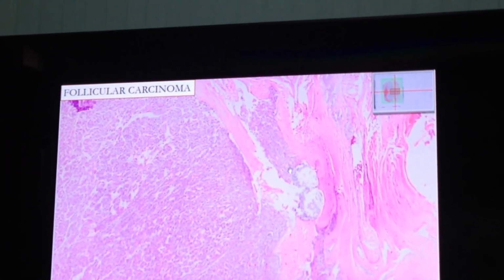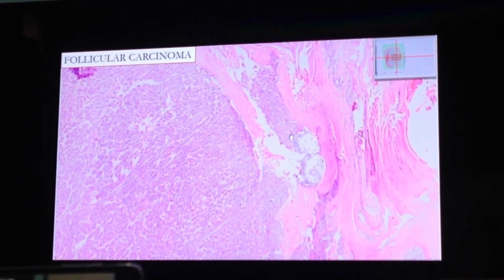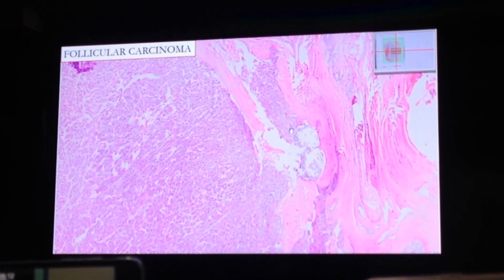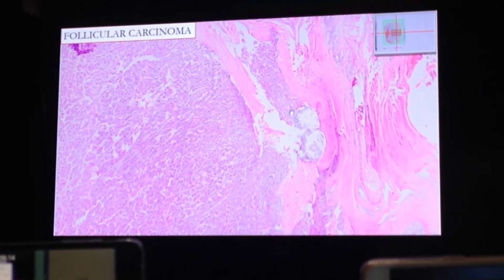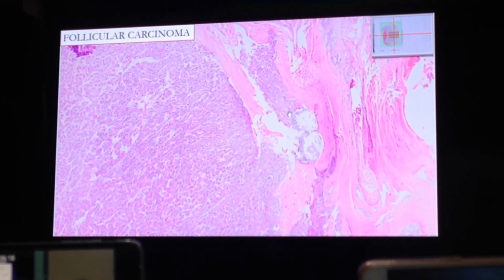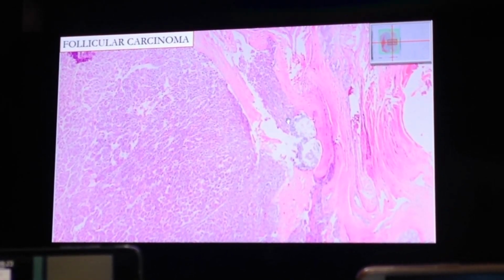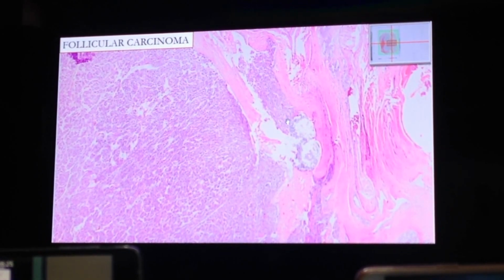Most of the thyroid cancers are derived from follicular cells, except for the medullary carcinoma. They are derived from the parafollicular cells or the C cells. So what is the route of spread for this type of cancer?